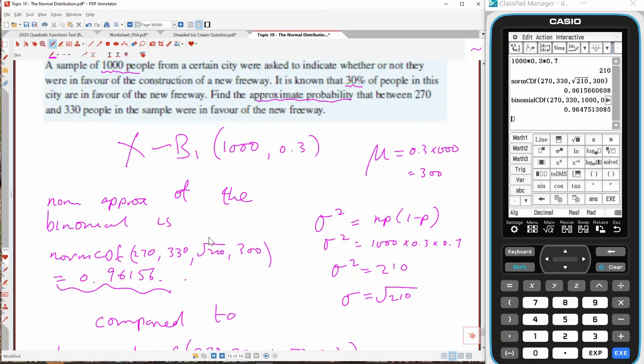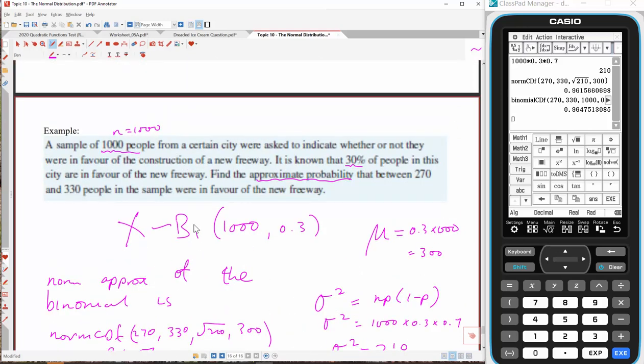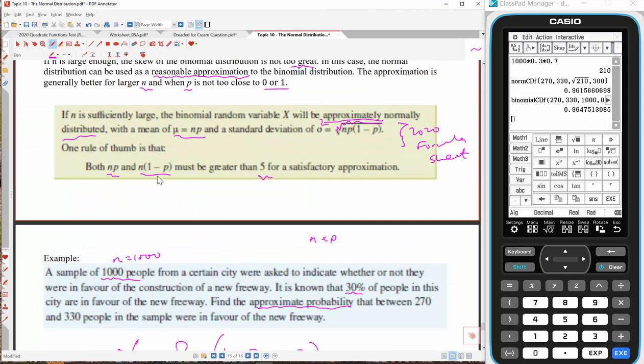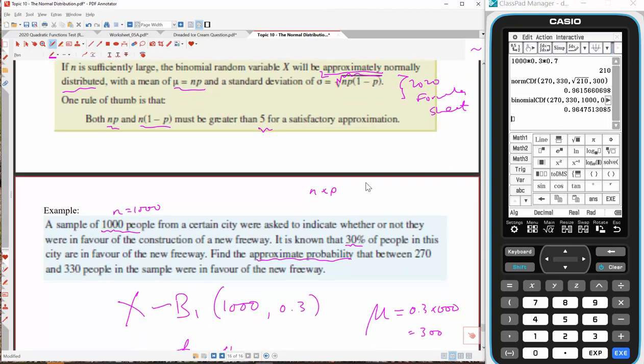And the reason it's pretty close is that we're safe to do this. Now, why do I know that we're safe? Well, recall the rule of thumb test: np must be greater than 5. So n times p equals 300, and n multiplied by (1 − p) is equal to 700. So 300 is greater than 5 and 700 is greater than 5. Therefore we can conclude the normal approximation is okay.